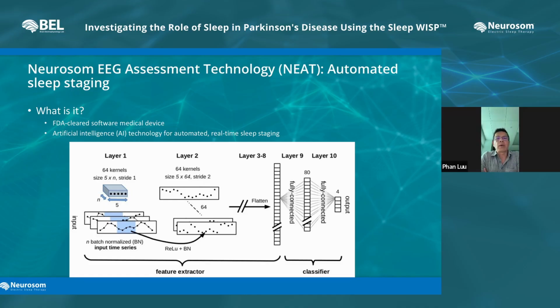And so one of the things right from the get-go was for us to make sure that the data that we use to train this neural network has the properties that would allow it to generalize. And by generalization, we mean to the appropriate ages, as well as generalizable across different sleep EEG systems.